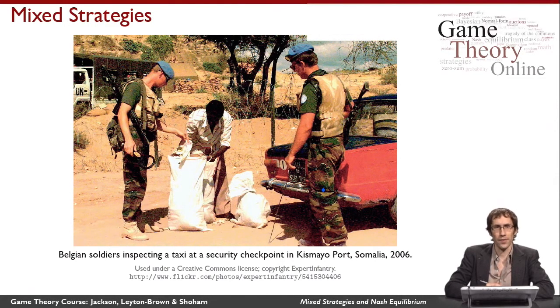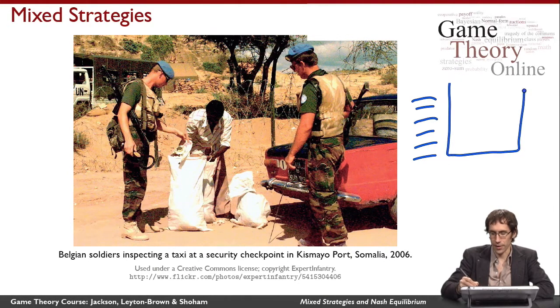Now, let's think about this situation as a game. There are a variety of different roads that the UN could choose to set up its checkpoint on every hour. And for each one of those roads, the potential attacker could decide to attack that road.